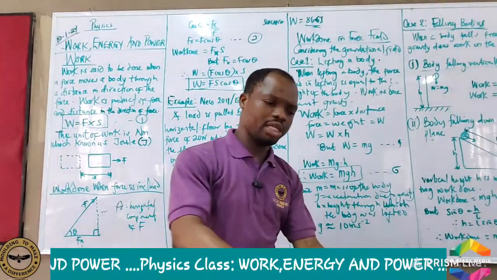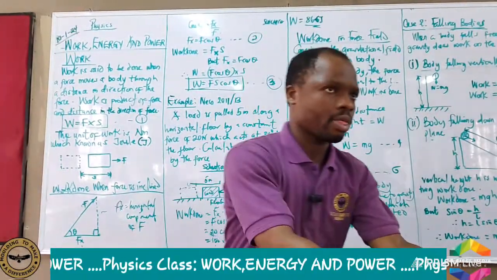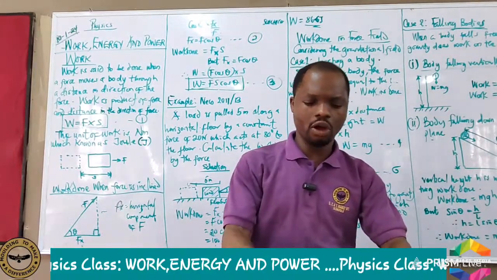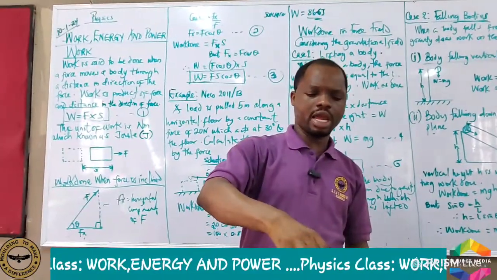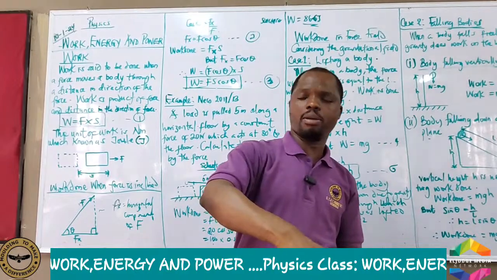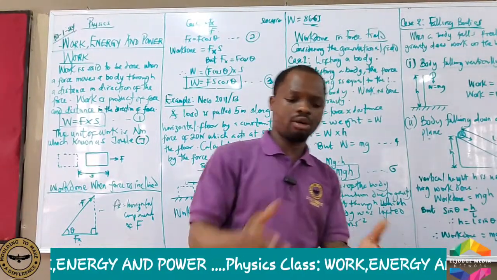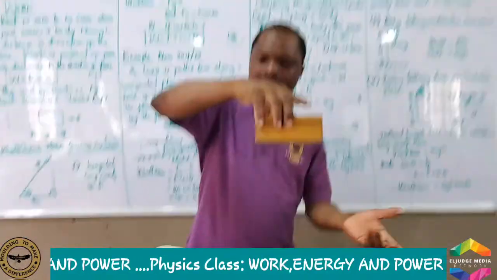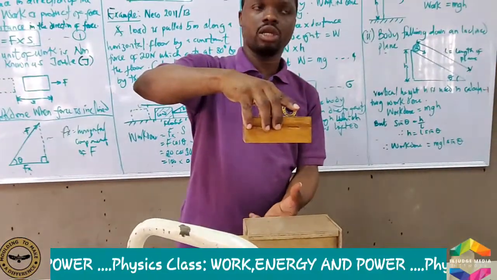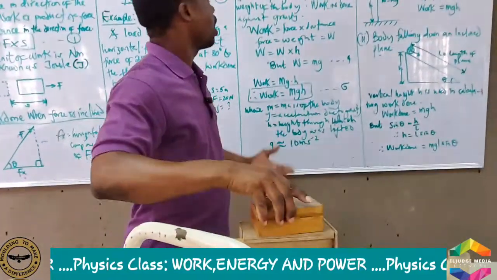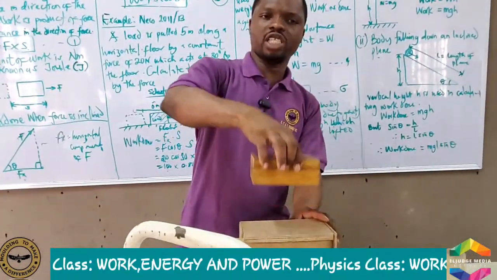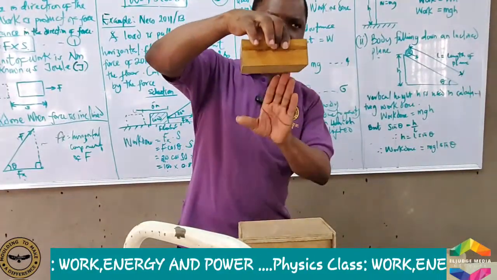When you are lifting a body, let's say this is the horizontal floor. I am lifting a body, a mass, from this floor. I'm taking it to a particular height. Let's say the height is h. As the height is h, I have been able to use a force to move this body to a height h.